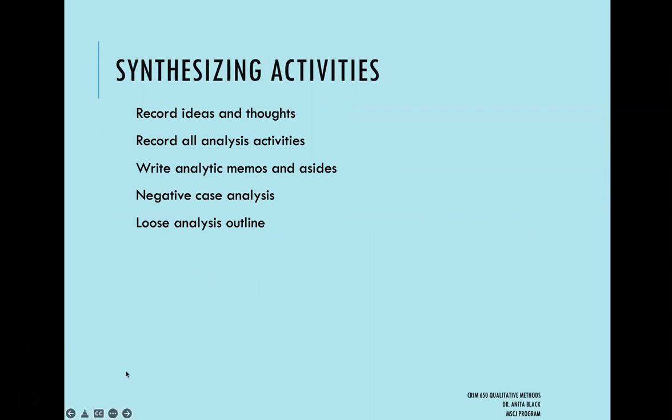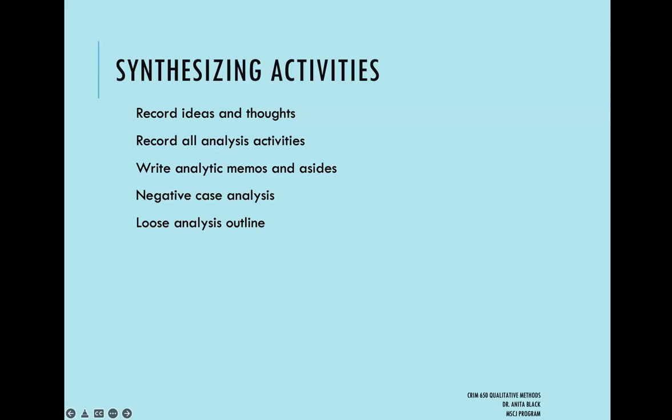And finally, we've talked about primary cycle coding and secondary cycle coding. So let's now finish up with looking at synthesizing activities. It's important to record your emerging analysis ideas and thoughts throughout the coding process. Create a document that describes all of your analysis activities, so you're almost writing a story about what you were doing in the coding process.